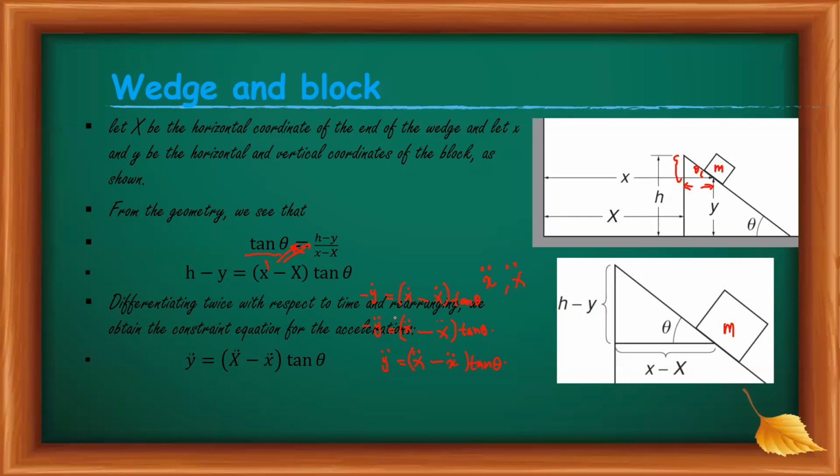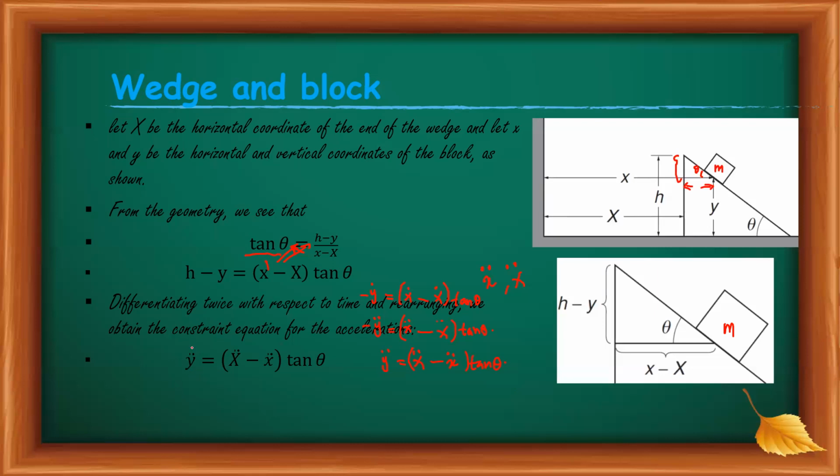Here, what is y? Y is the vertical position of the block, x is the horizontal position of the block, and capital X is the horizontal position of the wedge.